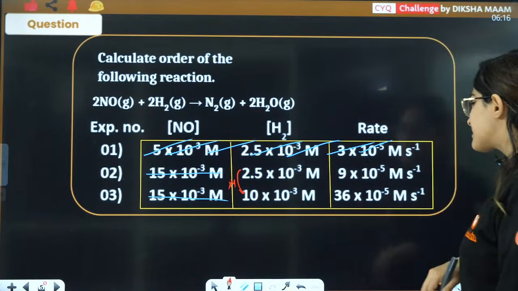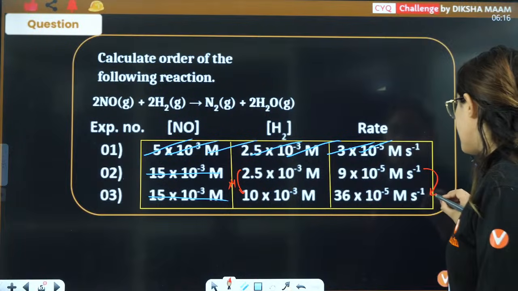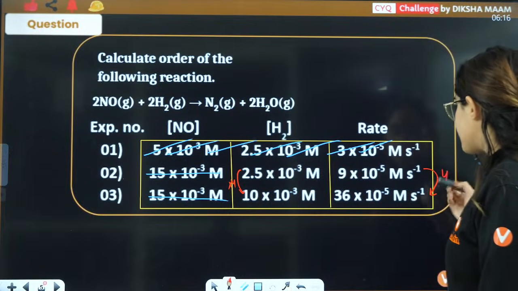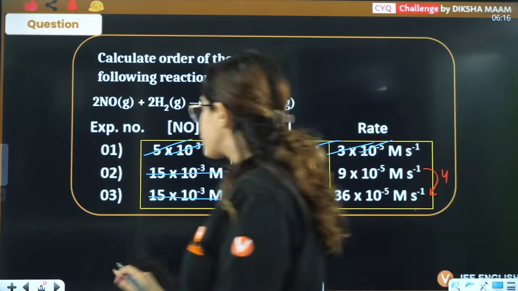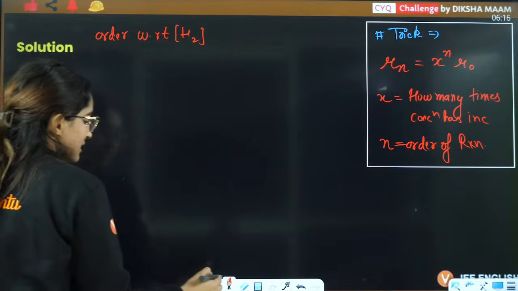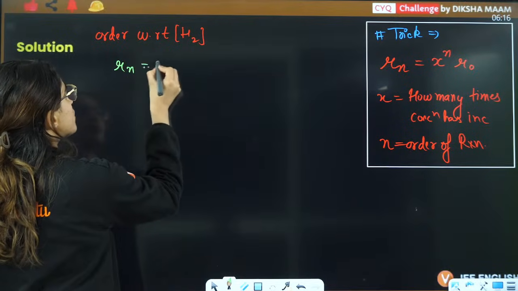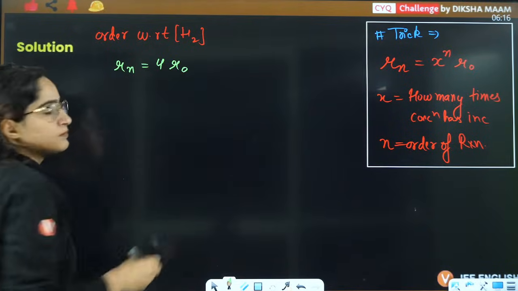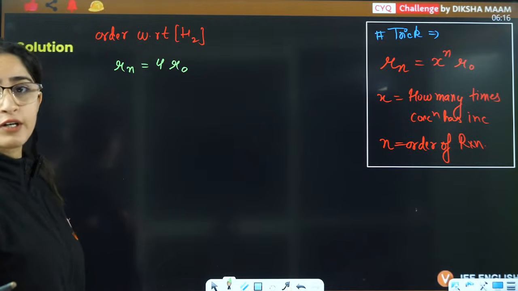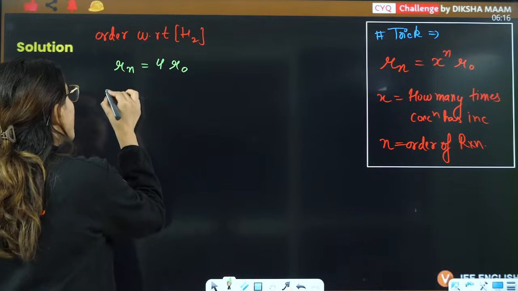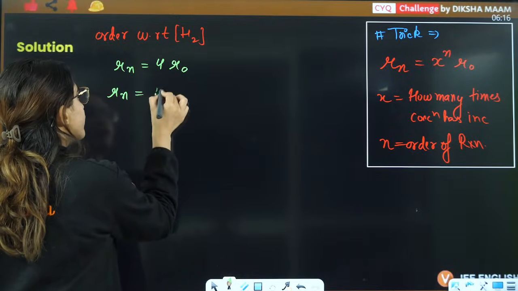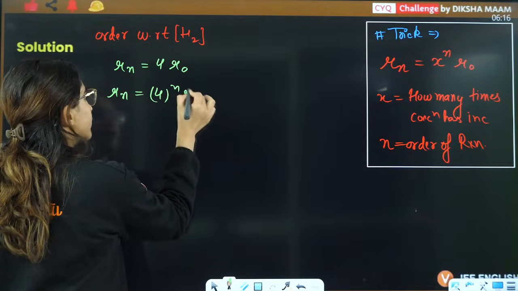And rate is also increasing 4 times again. So you can write here that rate new is equal to 4 times rate old, because rate is increasing 4 times. Also, rate new is equal to 4 raised to power n of rate old.